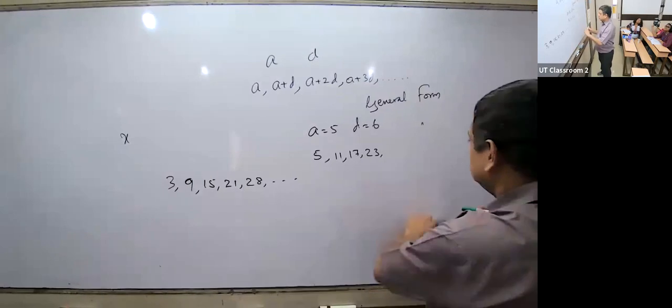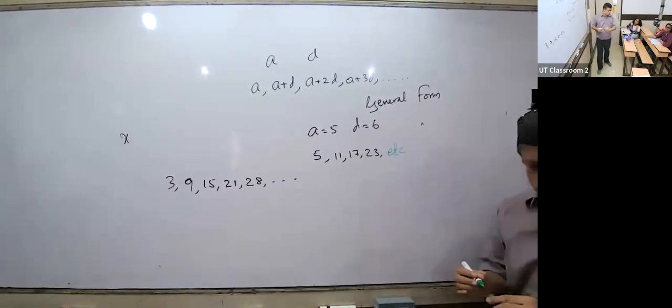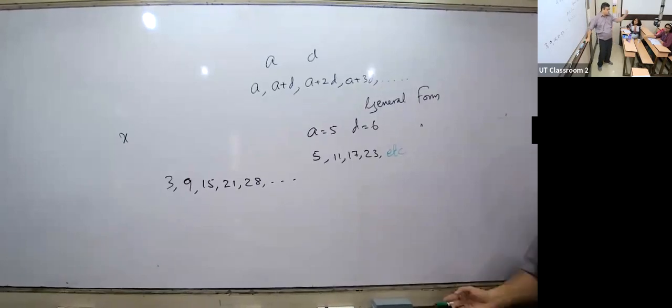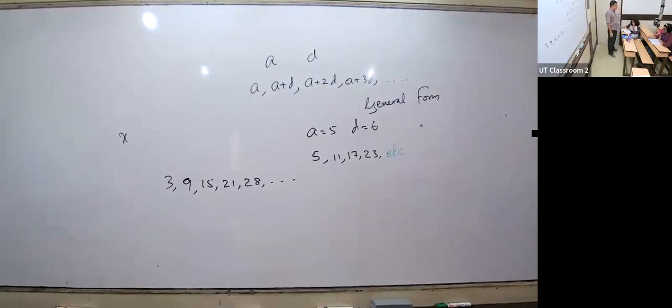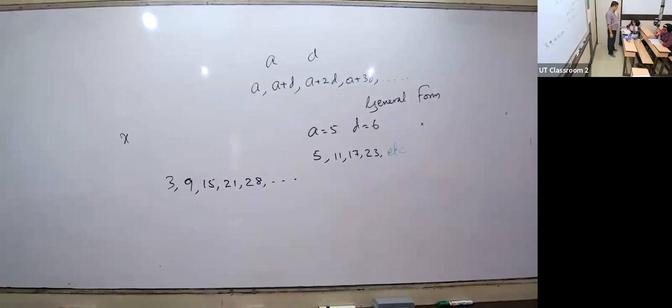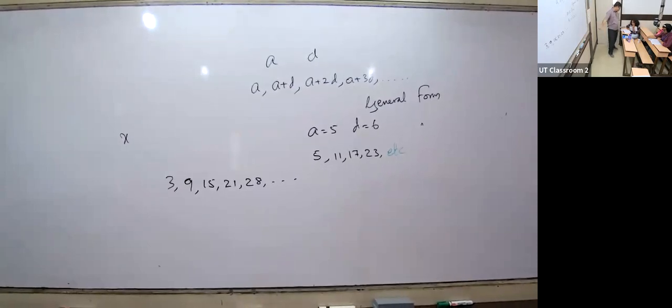Understood now? Thank you, Darshan. Kushal, you have followed whatever Darshan read. Then continue reading. A is known as the first term and D is known as the common difference.